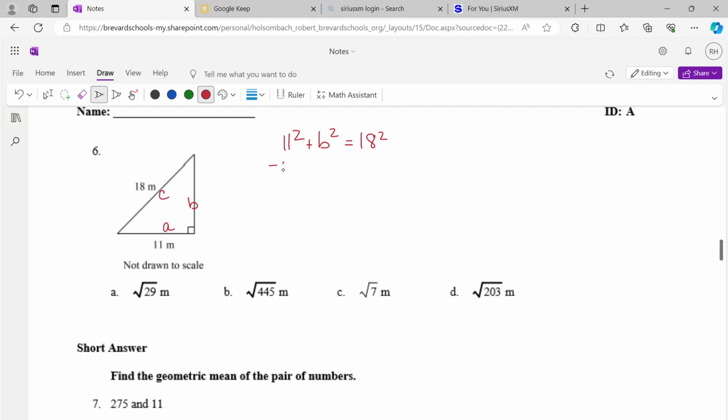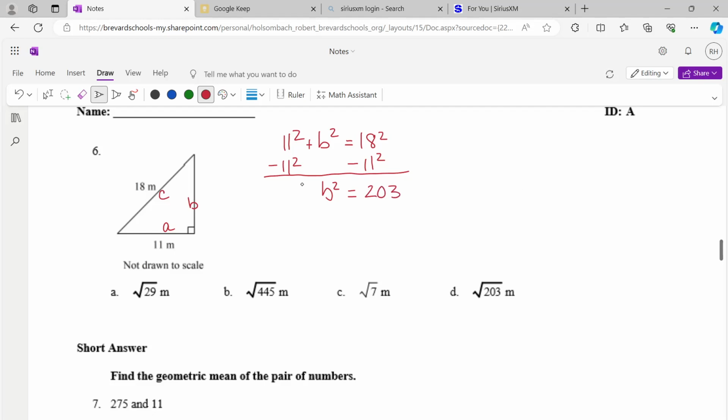We're going to subtract 11 squared from each side. And B squared is equal to, again, in your calculator, you can type 18x squared minus 11x squared, hit equals, and we get 203.